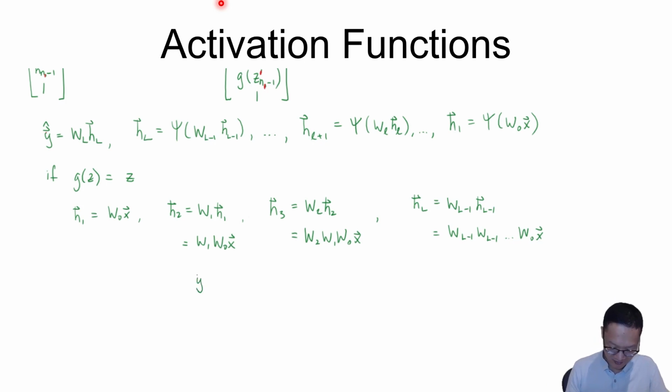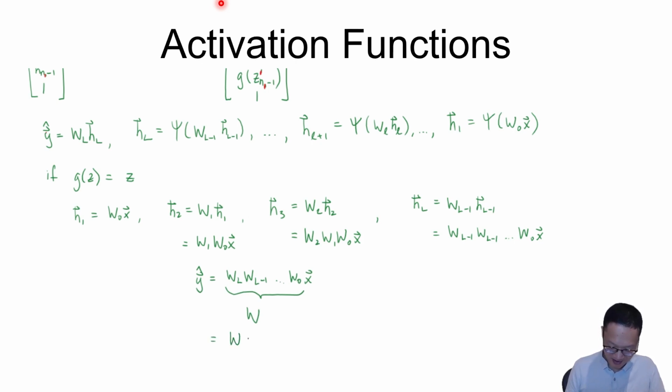And then finally y hat is just one more W multiplied, W_{L-1} all the way down to W0 x. But this whole thing we could just multiply the matrices first, and then we just get a gigantic W.